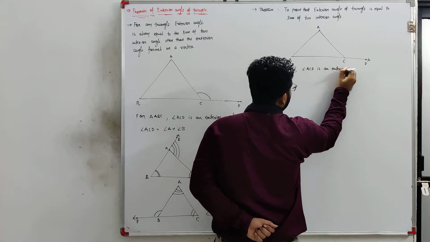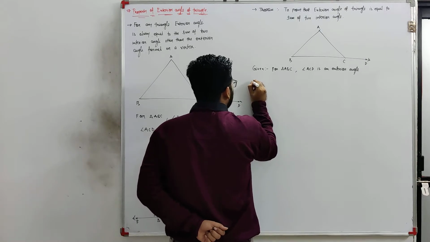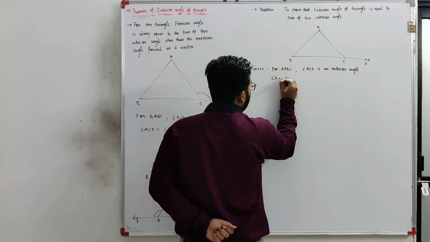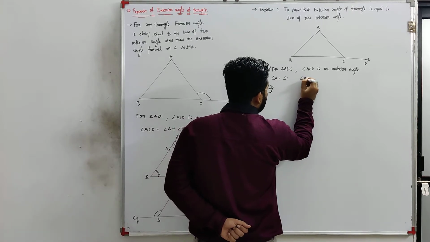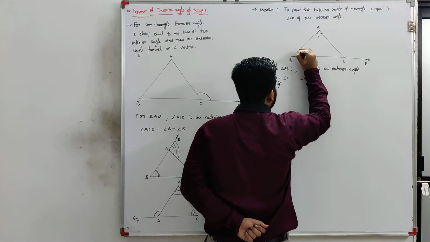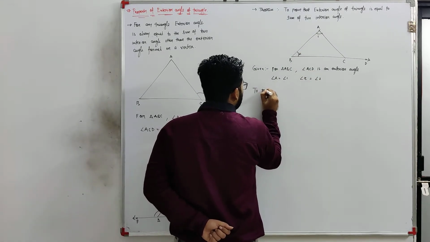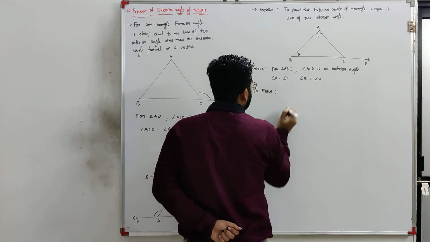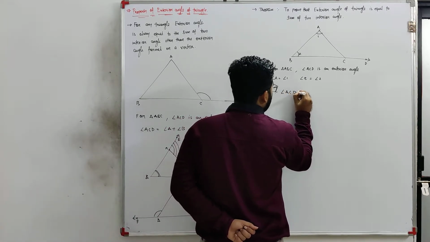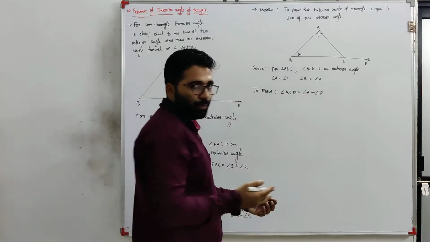It is given. Now, I need to prove that. Here I am mentioning that angle A is equal to angle 1 and angle B is equal to angle 2. This one is my angle 1 and this one is my angle 2. Now I need to prove that angle ACD is equal to angle A plus angle B.